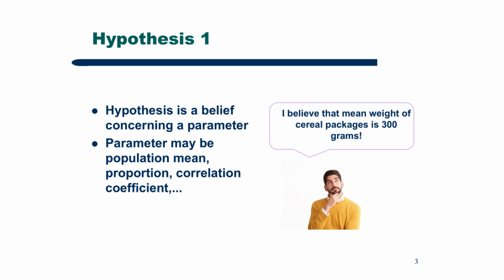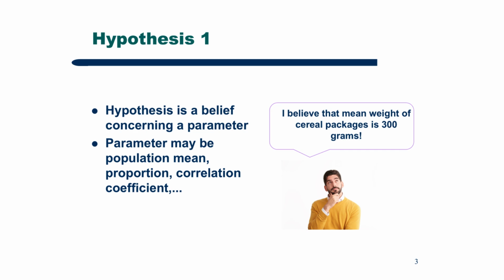Understanding a hypothesis. A hypothesis in statistics is essentially a claim or belief about a population parameter, a quantity that characterizes some aspect of a population. This parameter could be the mean, proportion, standard deviation, correlation coefficient, and so on. The example shown here illustrates this clearly. I believe the mean weight of cereal packages is 300 grams.